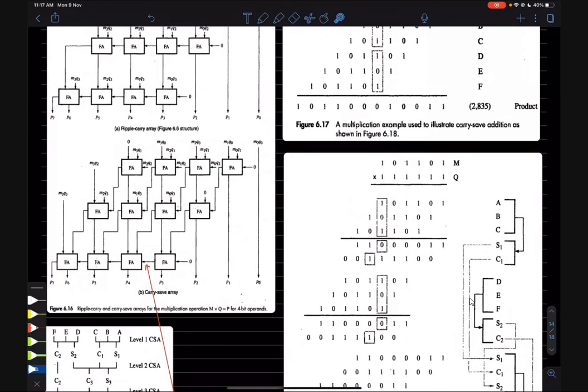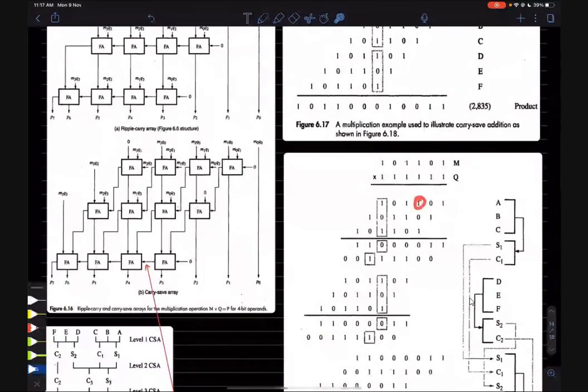There is no carry, whenever 1 plus 0, there is no carry. When 0 plus 1, there is no carry. We are saving the carry here. This is your C1. We are saving the carry, not adding it here.